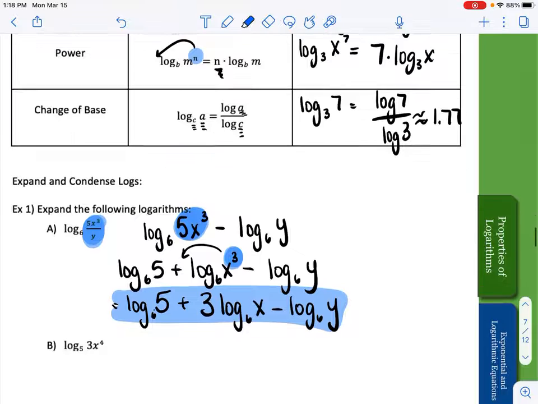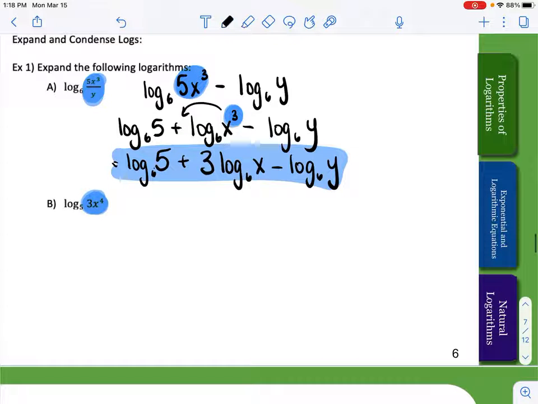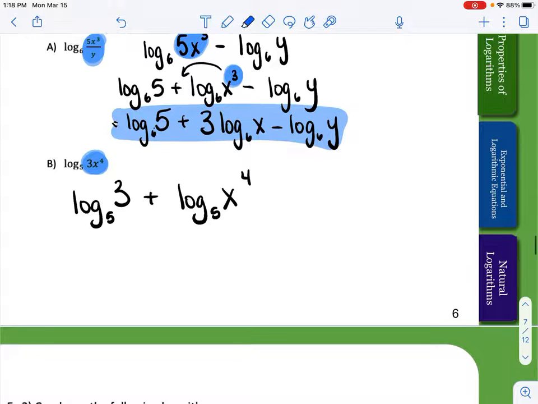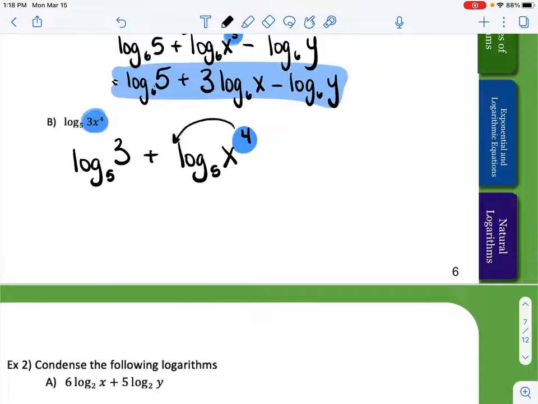Okay? Let's do another expansion. This one's actually a little easier because there's less multiplication to start, which means I'm going to have log base 5 of 3 plus a log base 5 of x to the 4th. I see an exponent here, so that needs to come down.